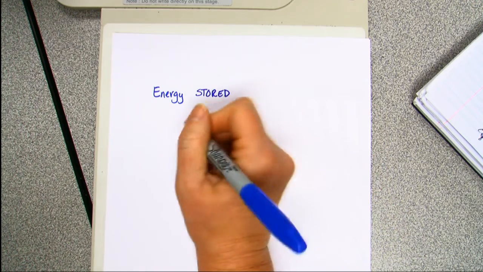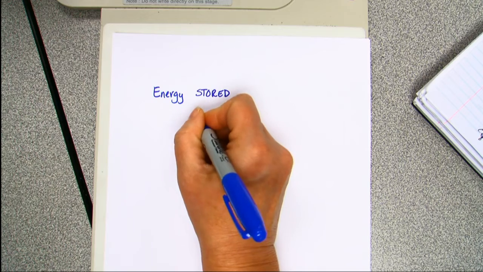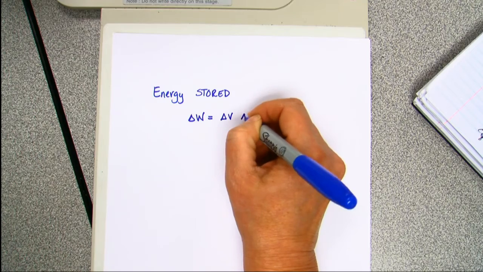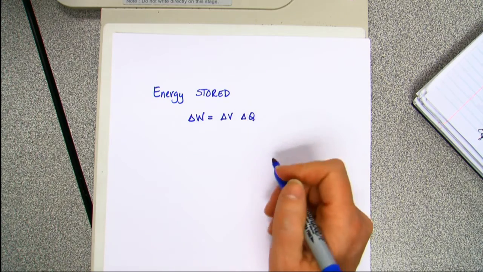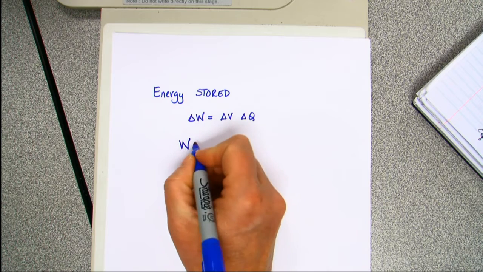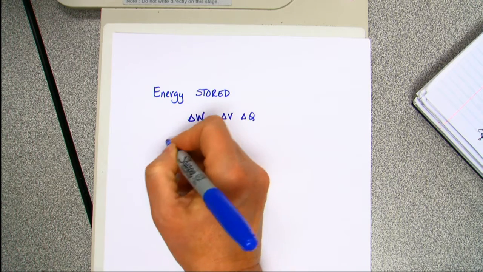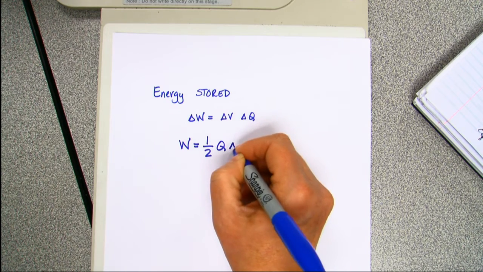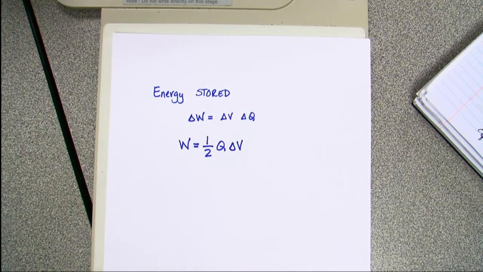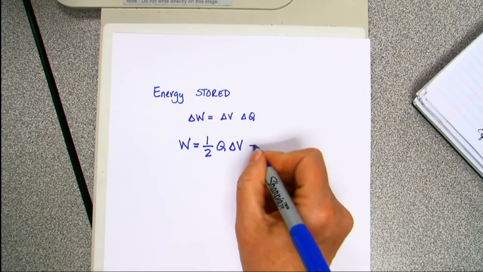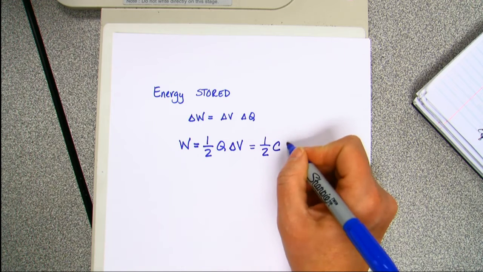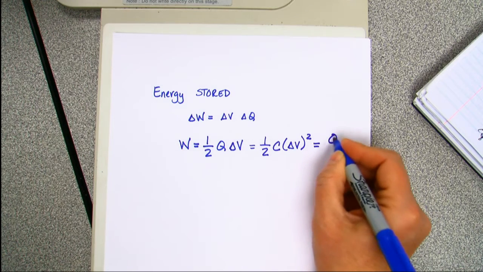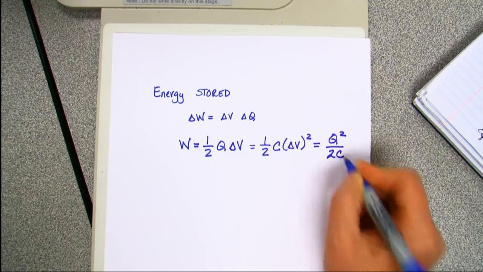So we do have energy stored. For the energy stored in the capacitor, the change in work equals the change in voltage times the change in charge. Work, which is related to energy, is 1/2 the charge times the change in potential. We can rewrite this as 1/2 the capacitance times the change in potential squared, or as the charge squared divided by 2 times the capacitance.